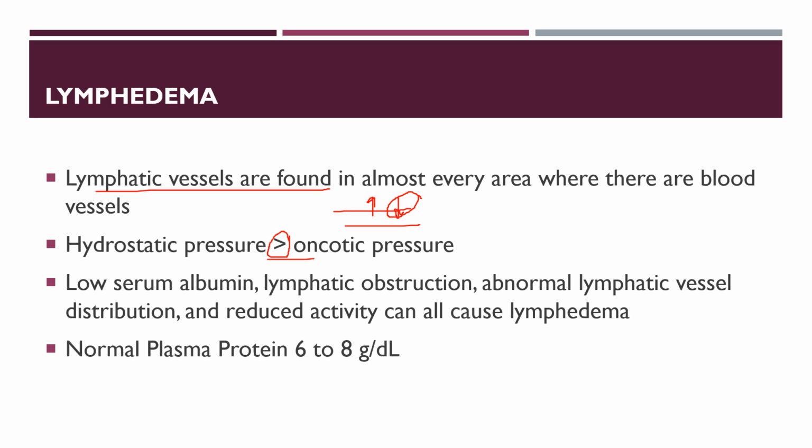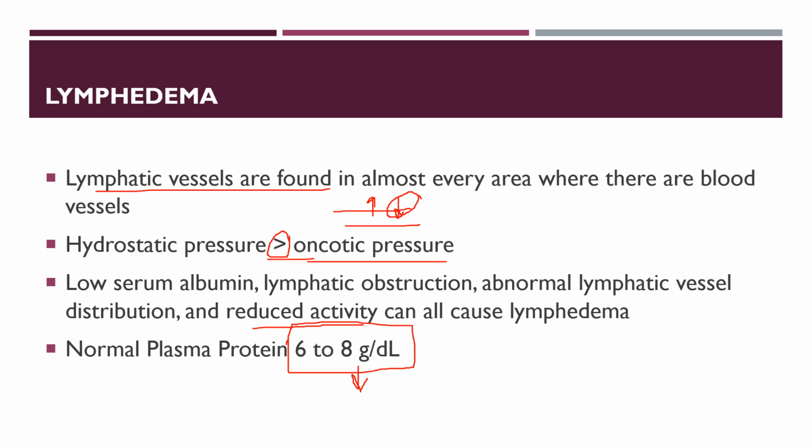Some other things we're going to look at is low serum albumin. There may be lymphatic obstruction, abnormal lymphatic vessel distribution, or even just reduced activity. Those things can all cause lymphedema. This is a lab value that you really need to know. Here's our normal plasma protein level, 6 to 8 grams per deciliter. If it gets significantly lower than this, then our oncotic pressure drops even further.